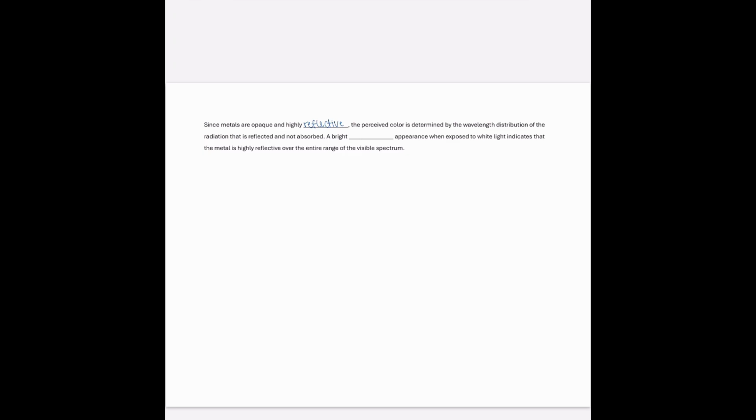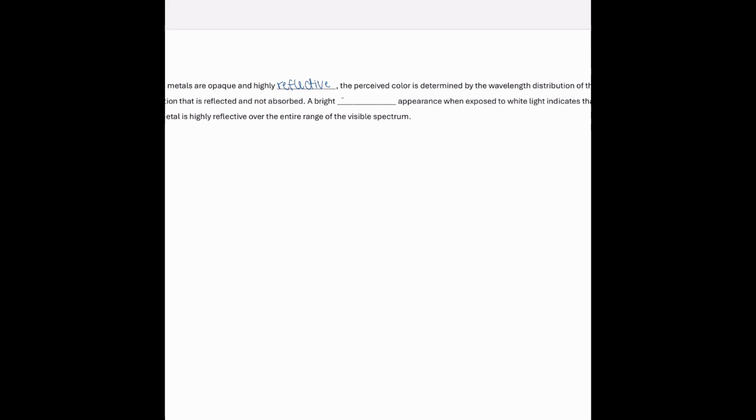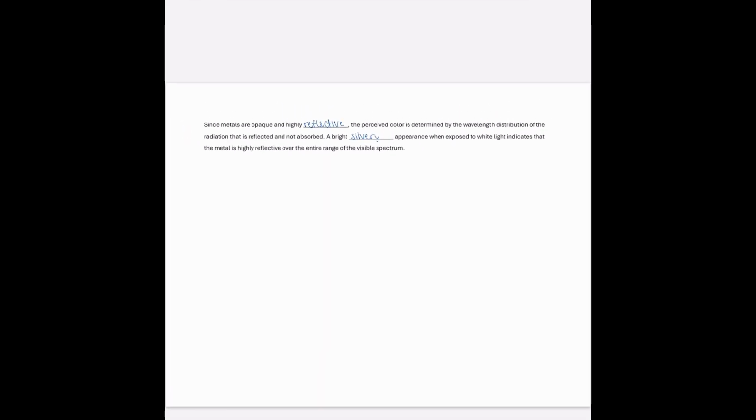So we'll see a bright silvery appearance in metals when they are exposed to white light, and it indicates the metal as being highly reflective over the entire range of the visible spectrum.